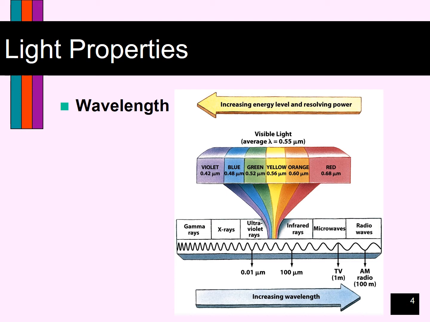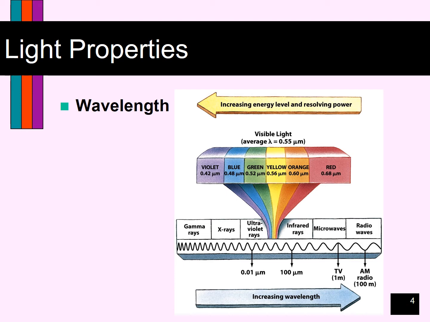What you can see is that visible light is this spectrum. On the blue end of the spectrum, you have very short wavelengths, and going to the red end of the spectrum, the wavelengths get longer. But we usually average the wavelength of visible light, and that would be what we would plug into our equation.